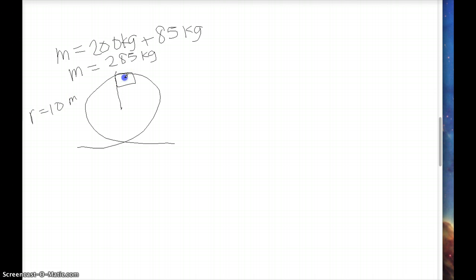And at this point, there's a normal force. So remember, the normal force acts between the surface and the object. And it's always perpendicular to the surface, so maybe that's not even a good way to draw it, but if this is a circle and this is the center of the circle, then the normal force is just going straight towards the center of the circle. And that normal force is 560 newtons.